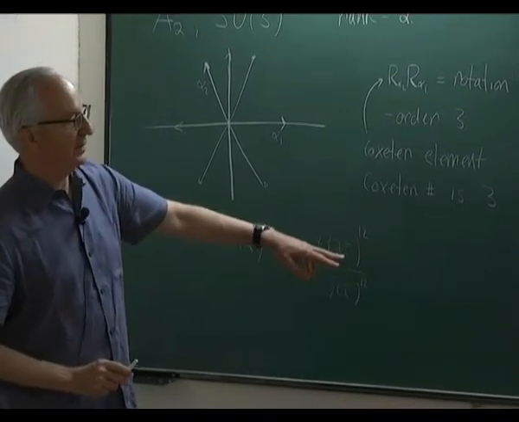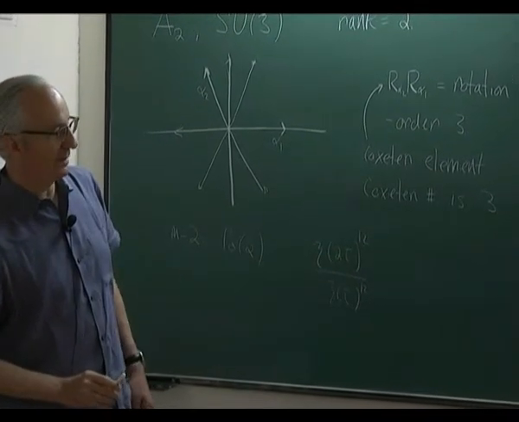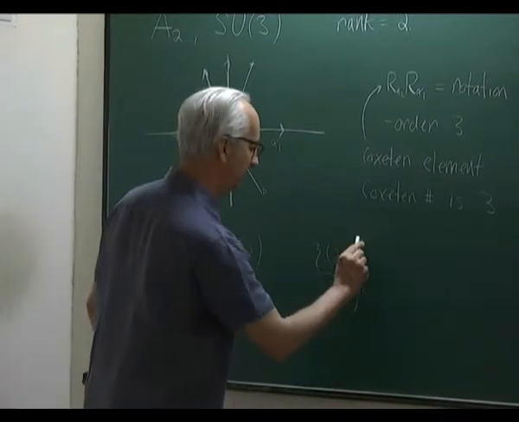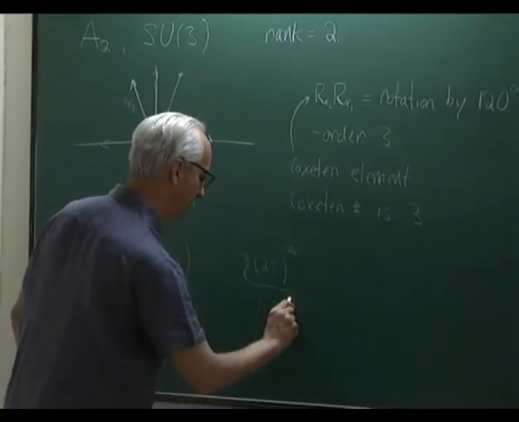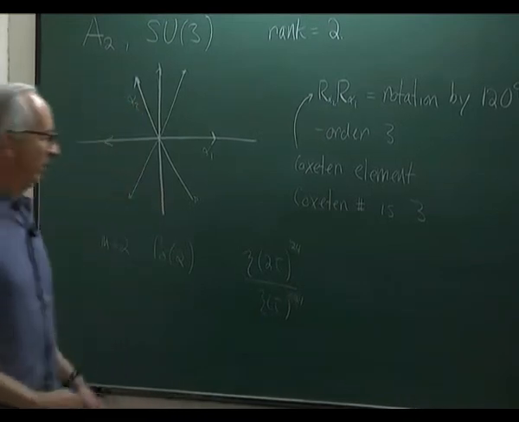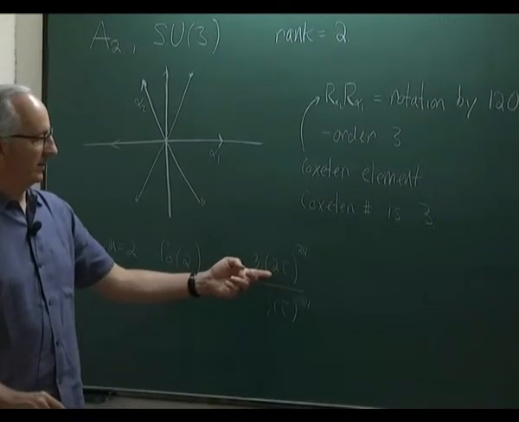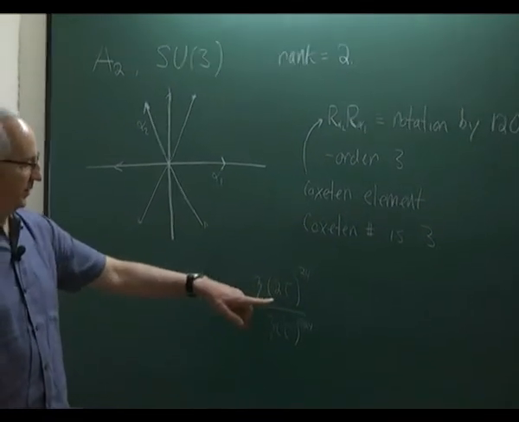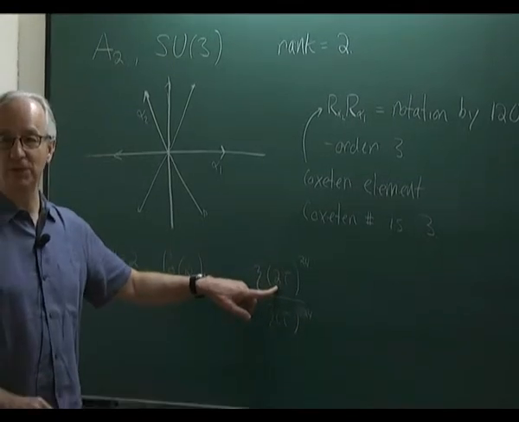And these powers are related to the fact, I think maybe this is 24 actually, that the Coxeter element for A1 just has order 2.